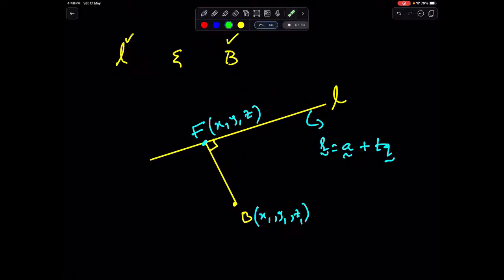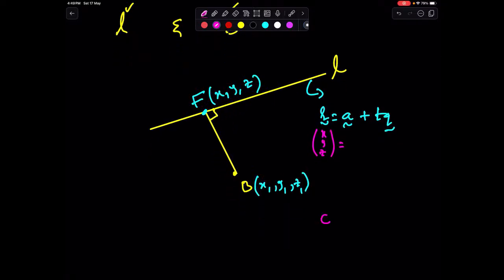See, for the coordinates of F, we know the position vector of R is x, y, z, and the position vector of OF is also x, y, z. So for OF, we can replace R by OF in this equation.